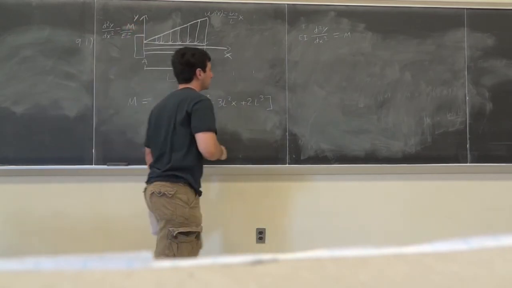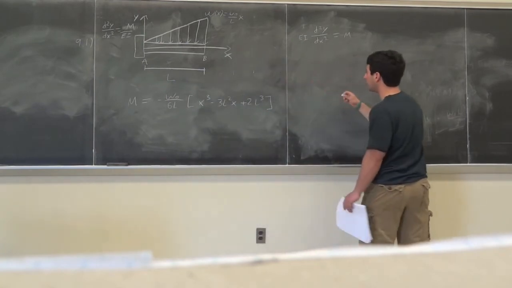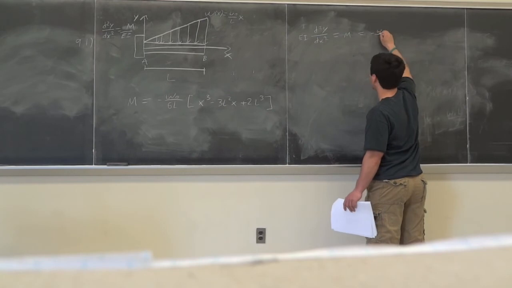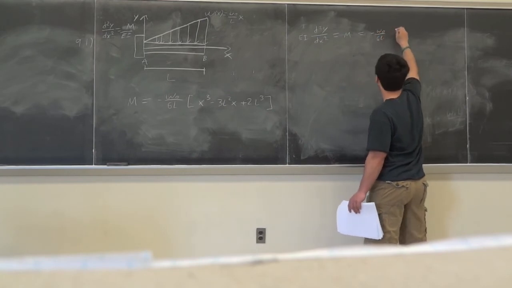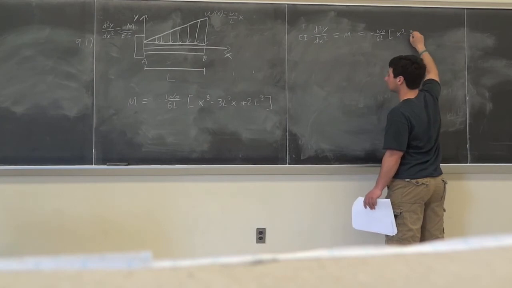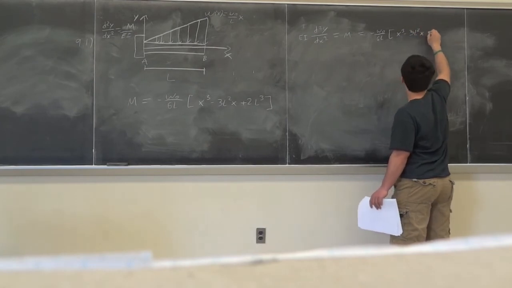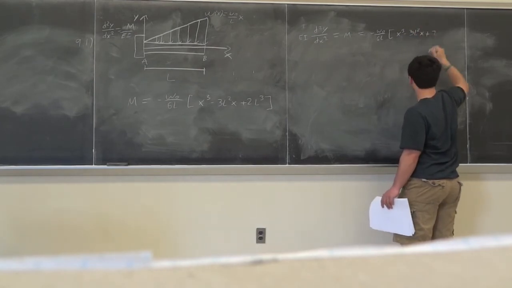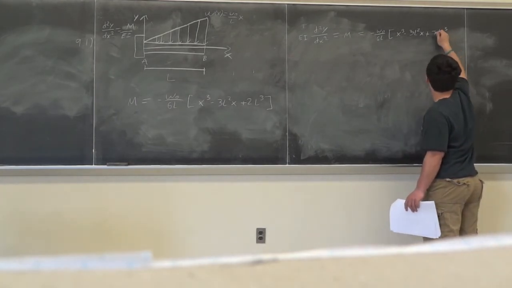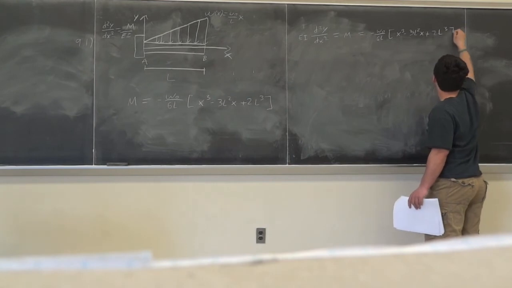Okay. So we know m is equal to minus w naught over 6L multiplied by x cubed minus 3L squared x plus 2L cubed. Is it 2? Okay.